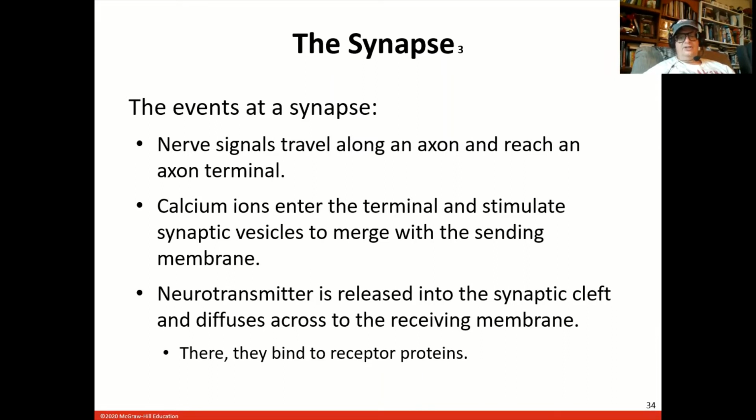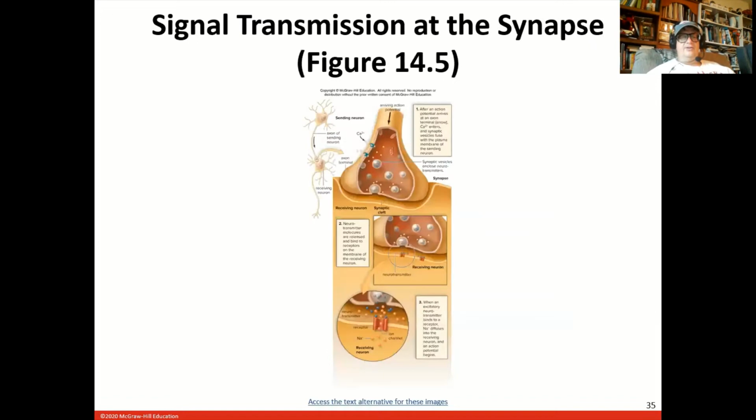Calcium ions rush into the terminal. They cause the vesicles to merge with the plasma membrane of the nerve. The vesicles spill out their neurotransmitter into the synaptic cleft, the gap, and it diffuses across the cleft to the receiving membrane of the target cell, whatever the target cell is, and they'll bind to receptor proteins.